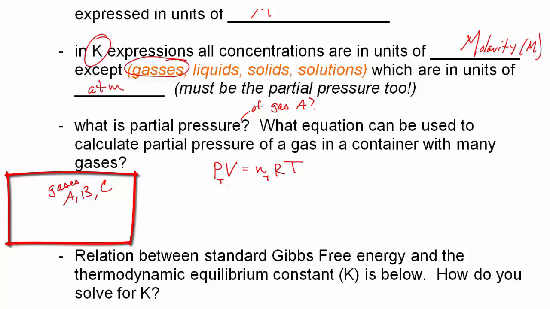But we're not interested in the total pressure. We're interested in the pressure that's due solely to A gas molecules. So we wouldn't use the total number of moles. You just use the number of moles of gas A. So the partial pressure of A would be the moles of A, gas constant, temperature, divided by the volume of the container.